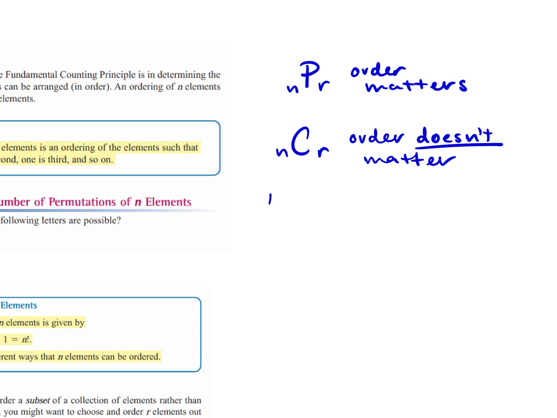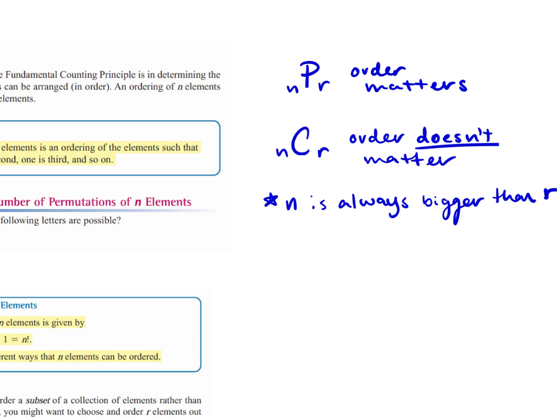And then one important thing to note here, n is always bigger than r. So n is always going to come first. Think about it, n comes first in the alphabet.